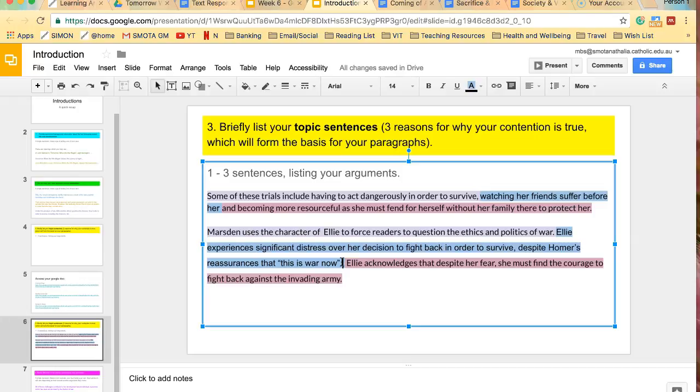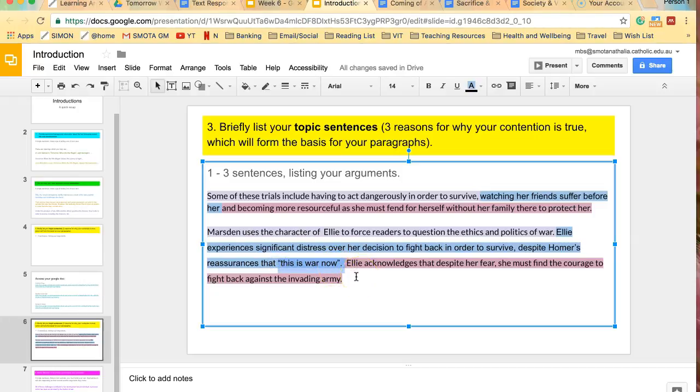But that whole paragraph would be about proving that the experience causes her distress, and you would have to highlight a couple of examples where the experience of war makes her challenge her views, and that causes her sadness or upset or anger or guilt. And then how, even though Homer says this, she still feels bad about it. So you would reuse that quote in that paragraph in the middle somewhere.